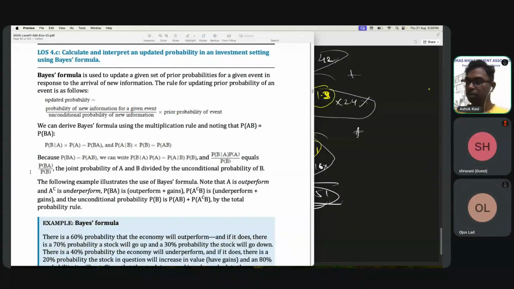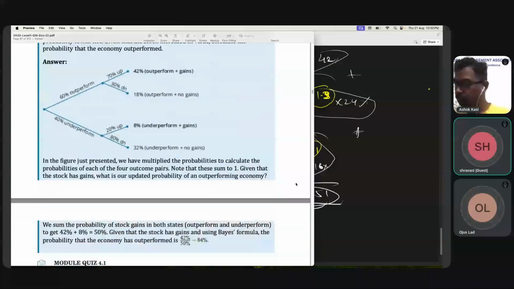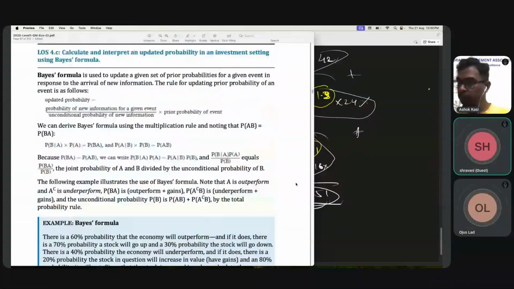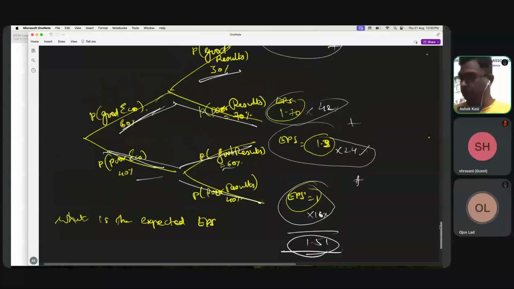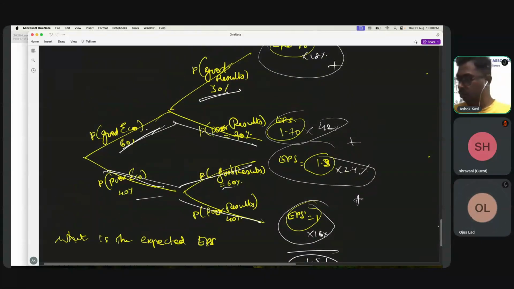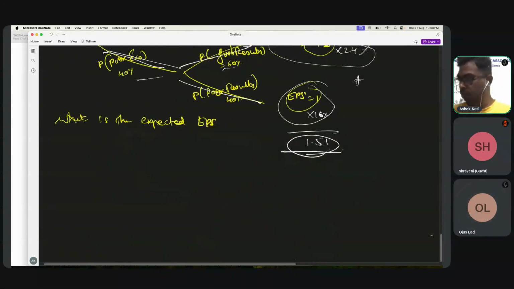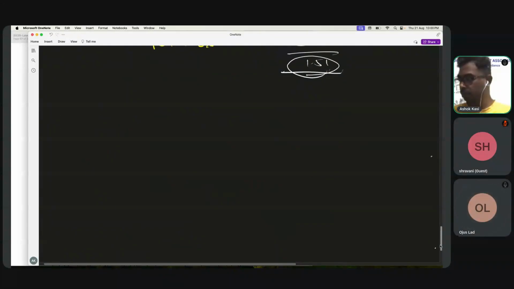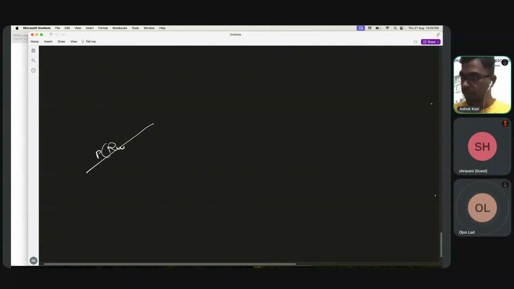Then Bayes formula. Okay. So Bayes formula means, if I say the probability of a person running is 30 percentage.